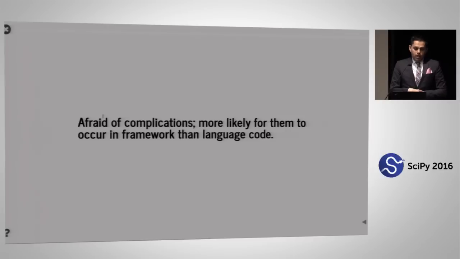You may not be confident enough that you can do any of this safely. And I'll tell you, it's very reasonable to be afraid that you might not know enough to do something like this. I would say that this fear of complications is misplaced, because what I have found is that when you need to solve a problem and you need to add some technical machinery to solve that problem, you're either going to do it at a very low level, maybe adding it to the language or adding some core library, or you're going to put it into your framework.